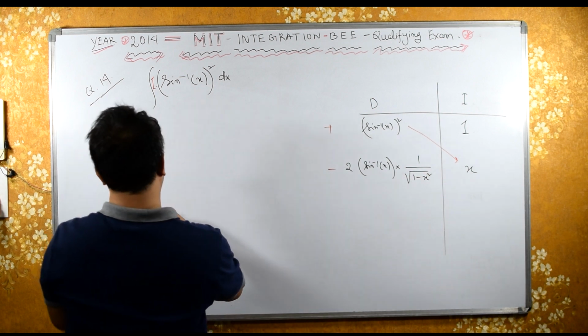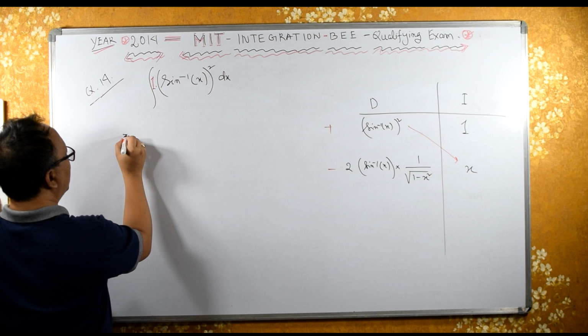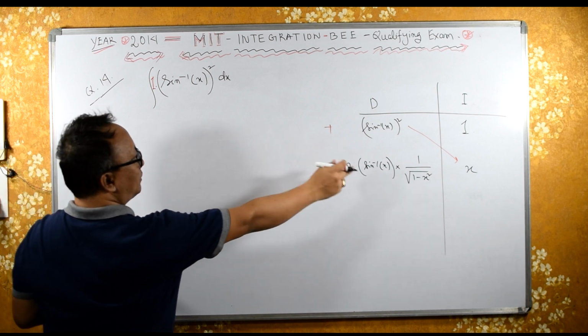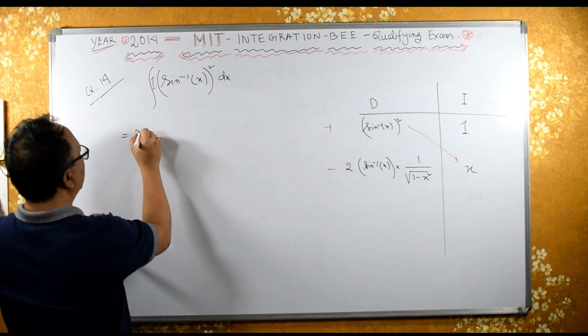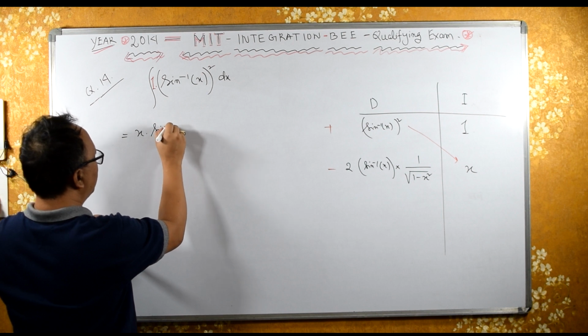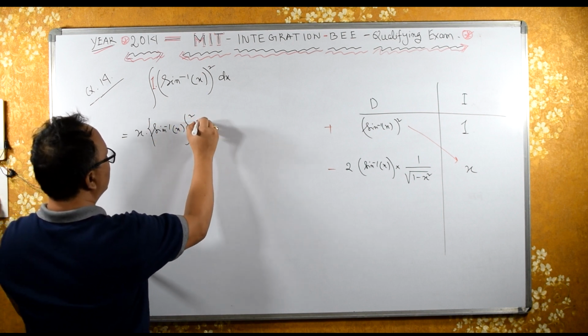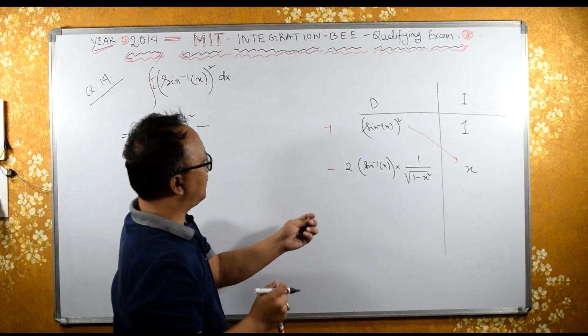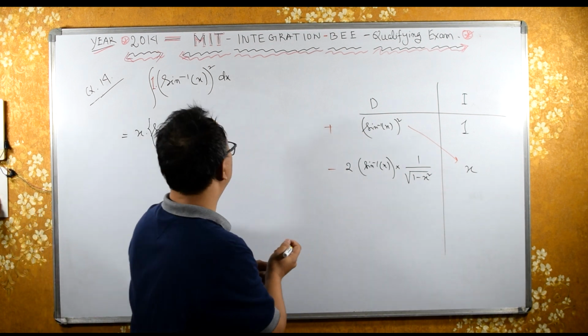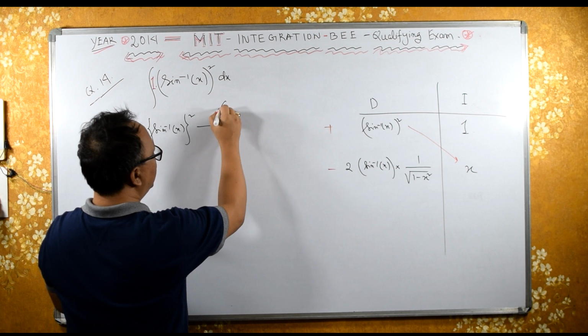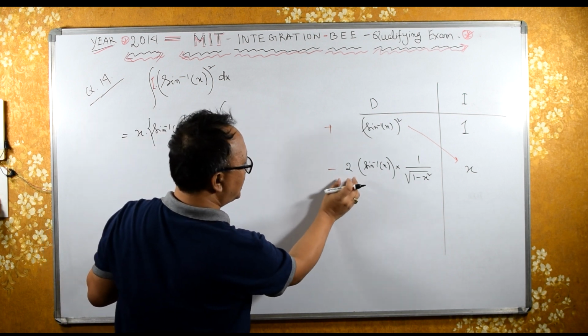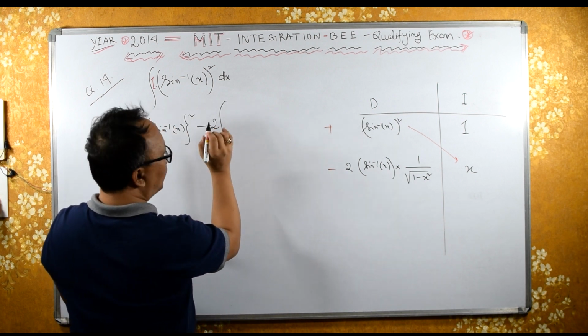Therefore this integral becomes: this into this means I will write x first, x into (sin⁻¹x)², minus the integral of this. Here 2 is there, so I am sending it out.